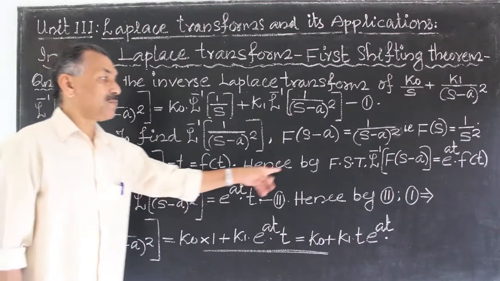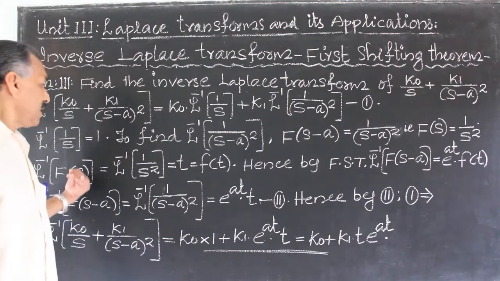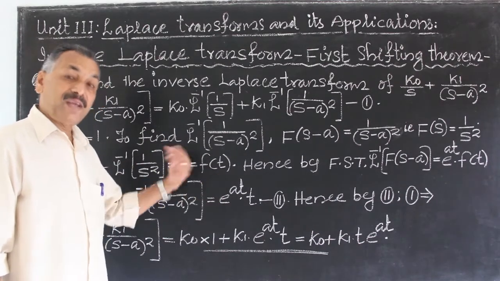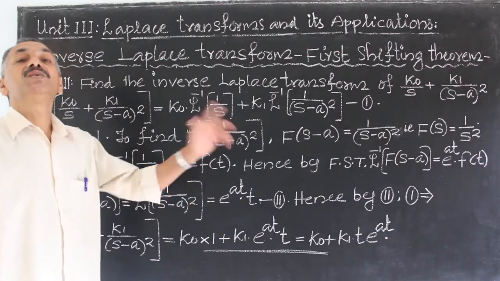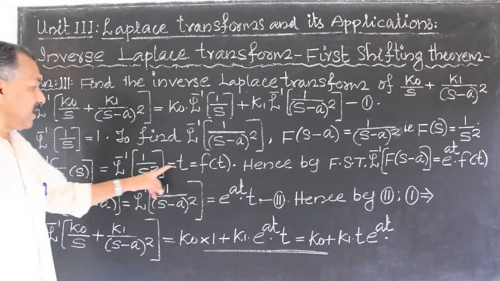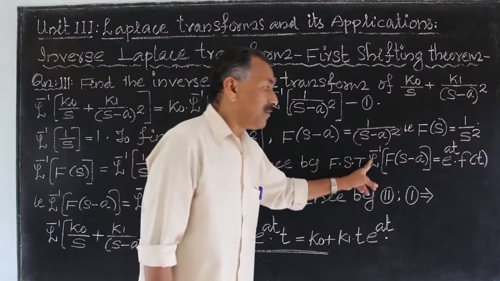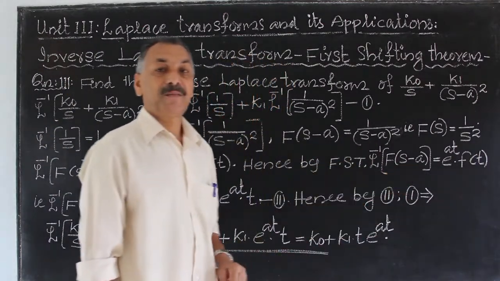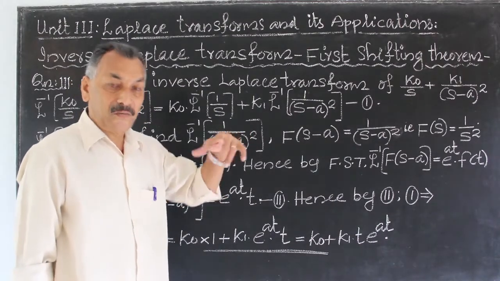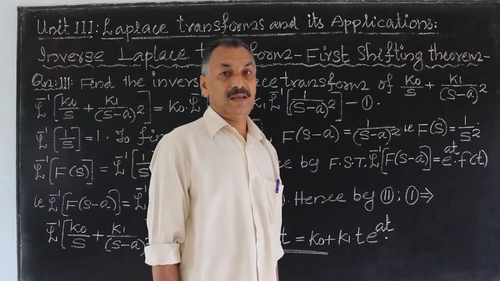Now by the first shifting theorem, if the inverse of f of s is f of t, then the inverse of f of s minus a is e raised to a t into f of t.